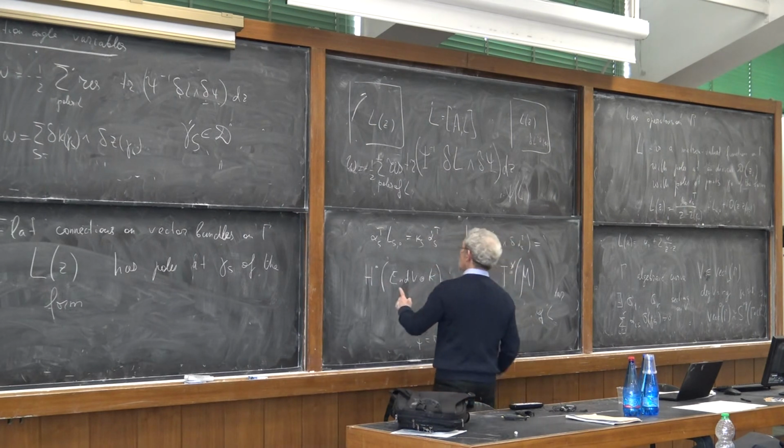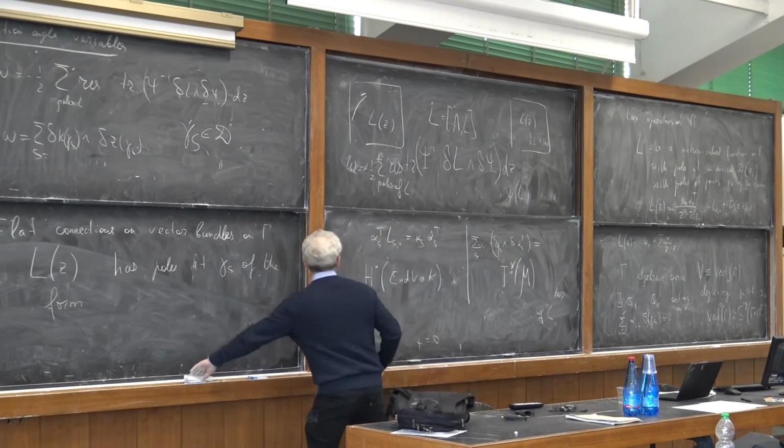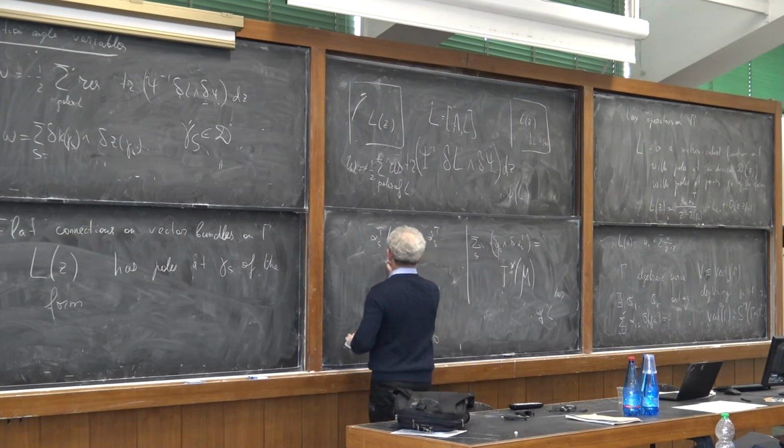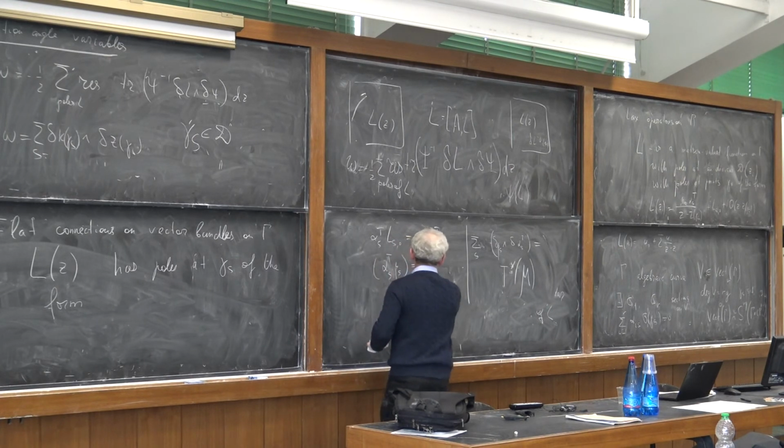Oh, sorry, I forgot to write one important condition for alpha transposed S, beta S, the scalar product, equals 0.